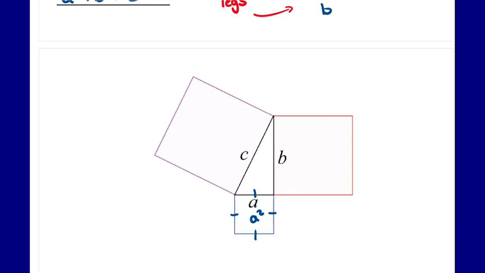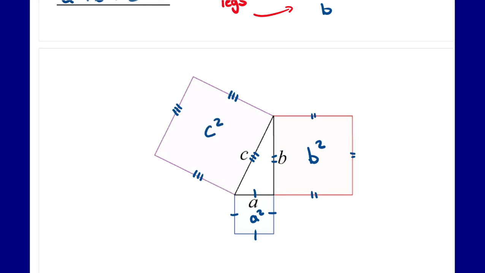If I look at B, making a square off of side B, this would have an area of B squared, or B times B. And if I were to add these two areas up, it would equal the area of this larger square made off of the hypotenuse, or C squared.